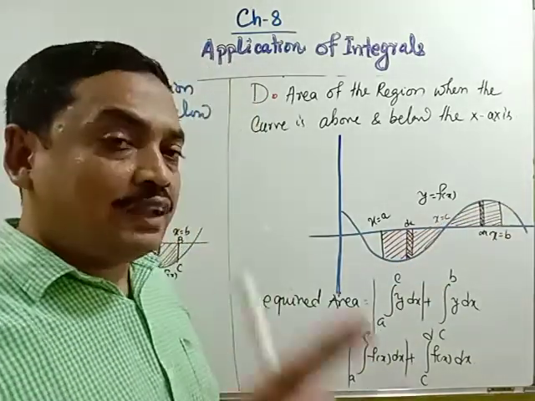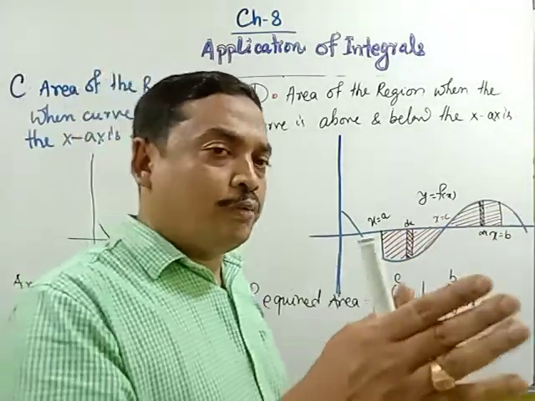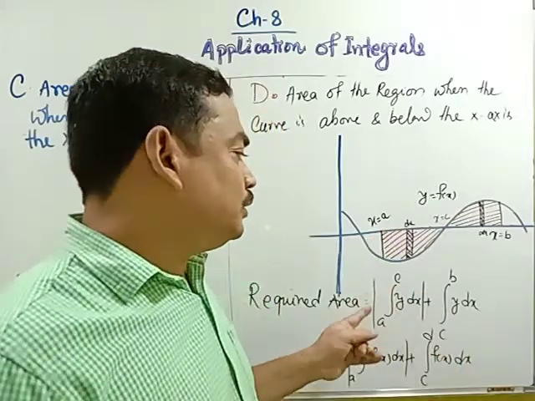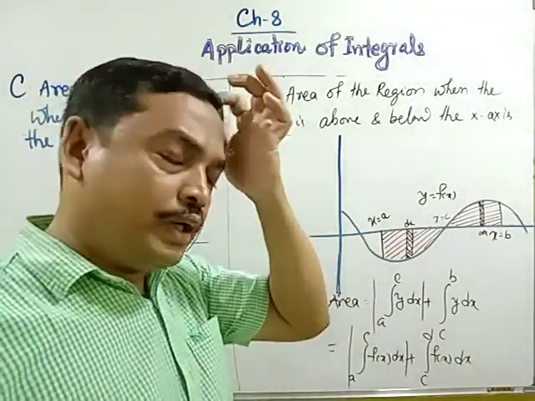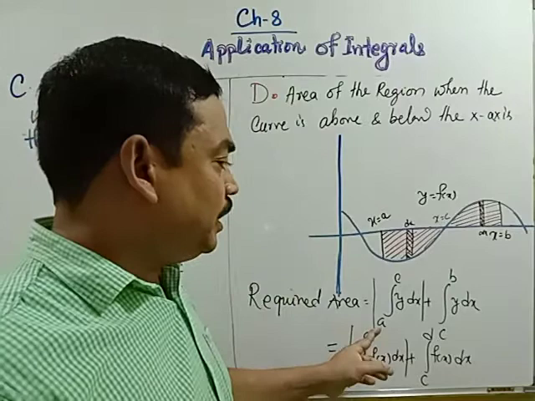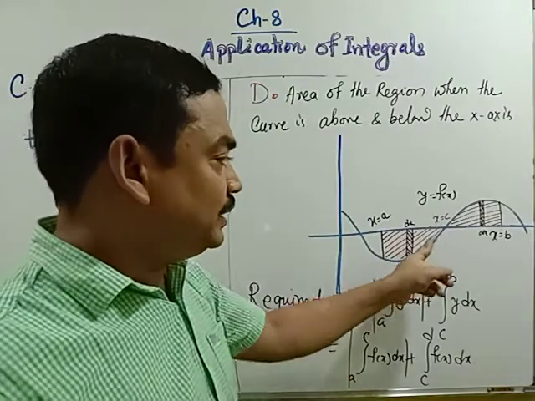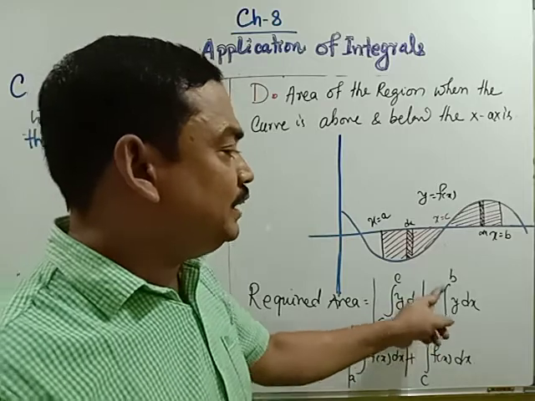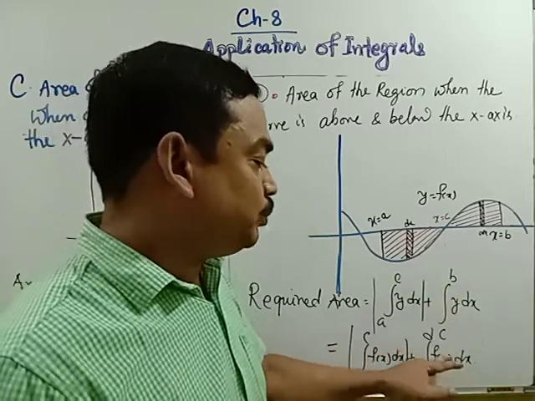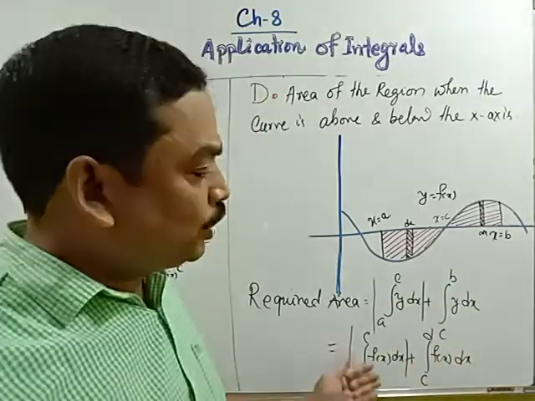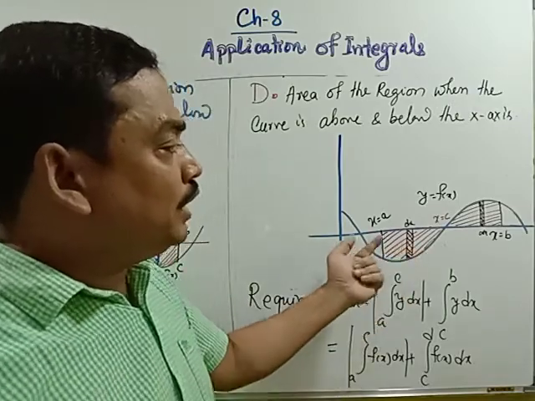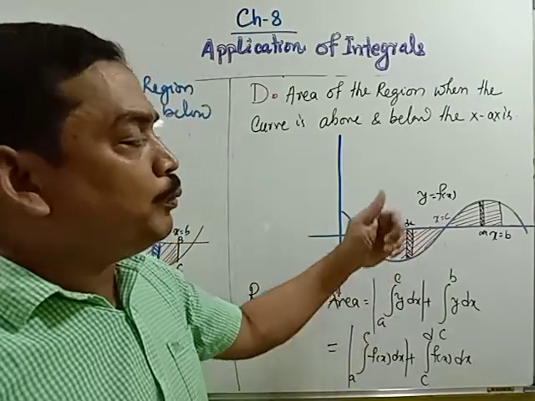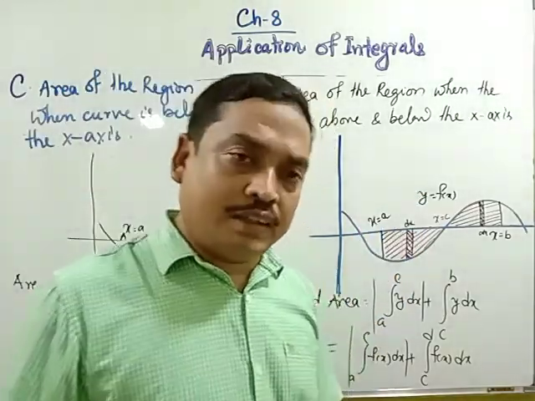In that case, as we know, splitting the interval in the definite integral by properties of definite integrals, this can be written as the integral from A to C of y dx, which is below the axis so we take the modulus, plus the integral from C to B of y dx, which is positive. This sum will give you the bounded area when the curve is both above and below the x-axis.